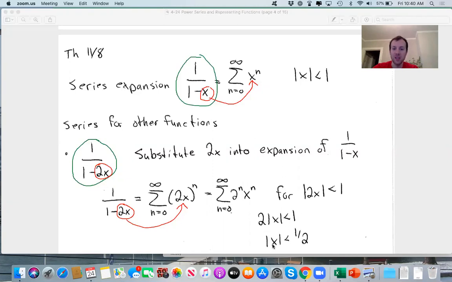And that gives us our inequality telling us where this converges.